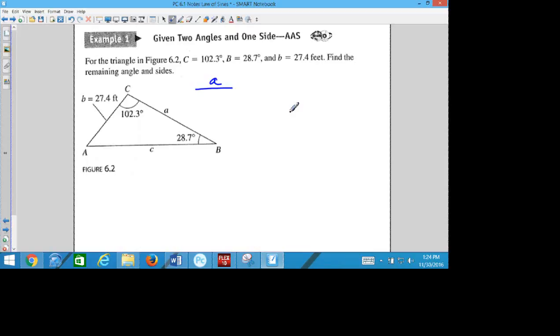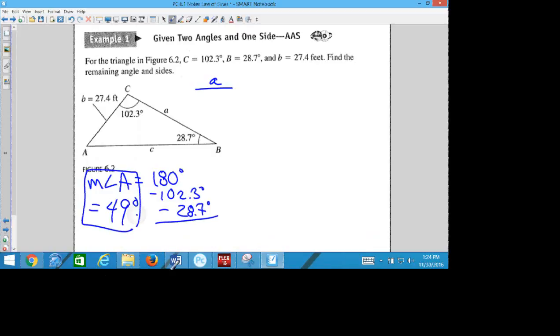So let's find the measure of angle A. If we took 180 degrees and we subtracted the other two, we would get that the measure of angle A is equal to 49 degrees. So when you were doing these, you were finding all the missing information. So we just found the first thing we needed to find, the angle A. And then we do sine 49 under side A.